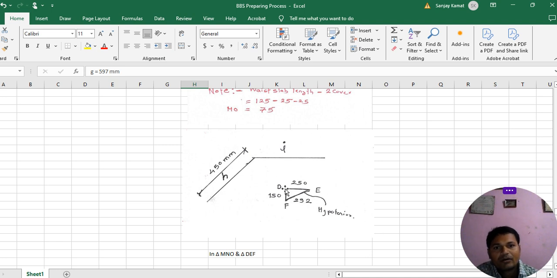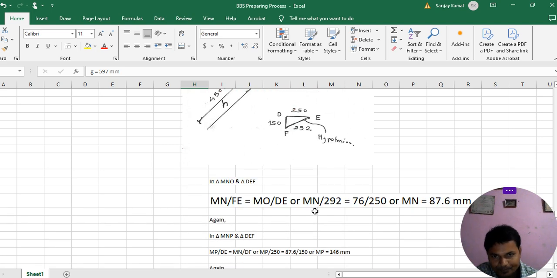Then in the figure, DE will be 250 mm, and DF will be 150 mm, and EF will be 292 mm, which is the hypotenuse. Now you can see this is a right angle triangle, this is 90 degrees, the side opposite to it is the hypotenuse, this is the base, and this is the perpendicular.